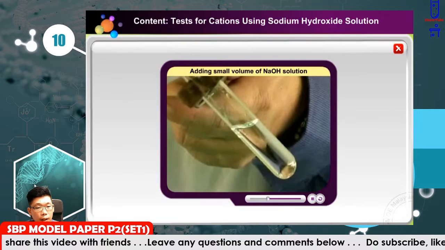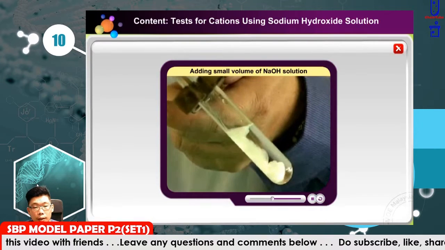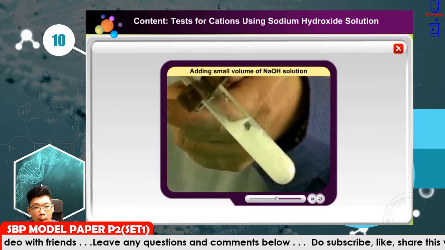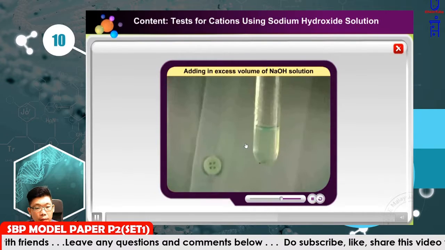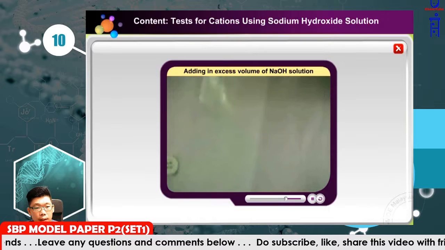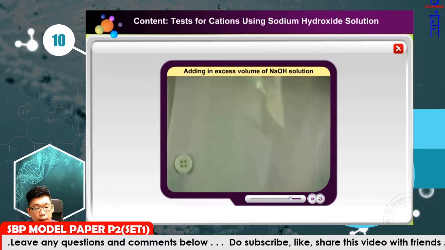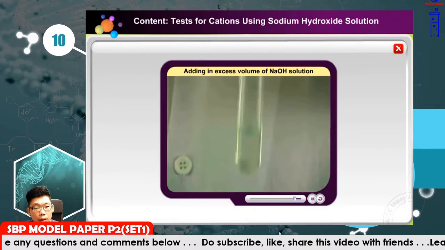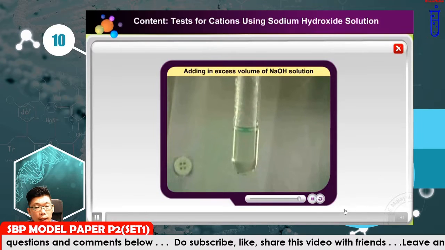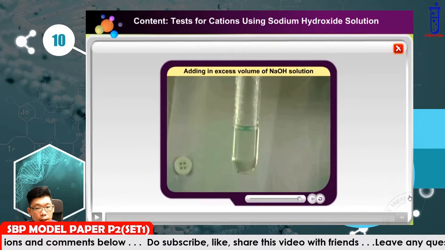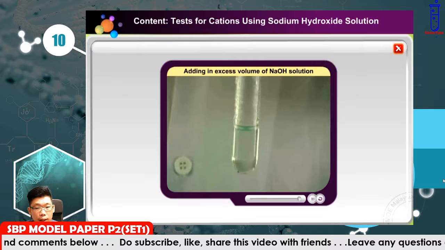Add a few drops of sodium hydroxide solution. It forms a white precipitate. In excess, you shake it and it dissolves in excess sodium hydroxide solution. So this is for sodium hydroxide.